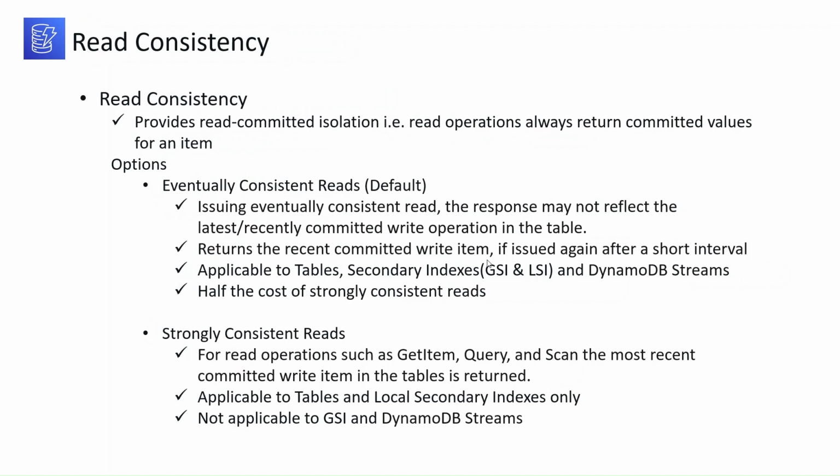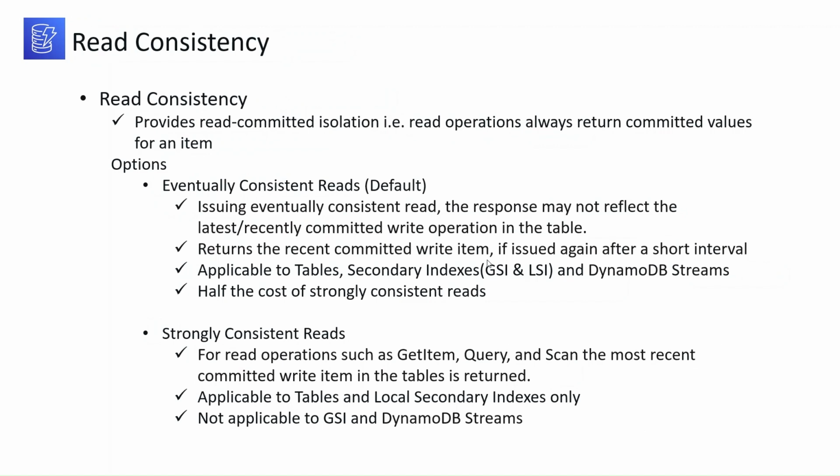Now, let's see what's an eventually consistent read. Eventually consistent is the default read consistency model for all read operations. When issuing eventually consistent reads to a DynamoDB table or an index, the responses may not reflect the latest item of the most recently completed write operation.